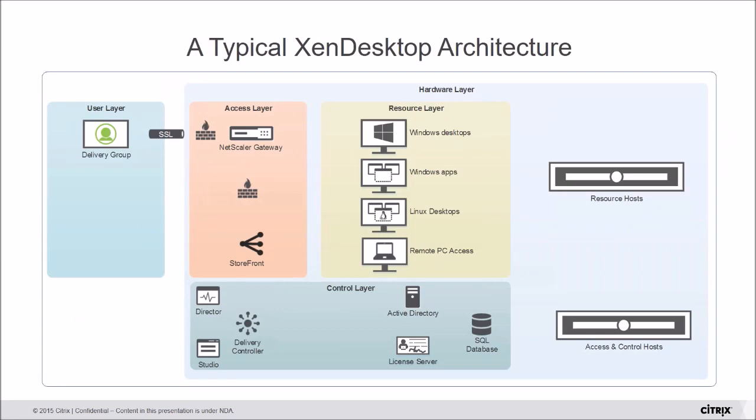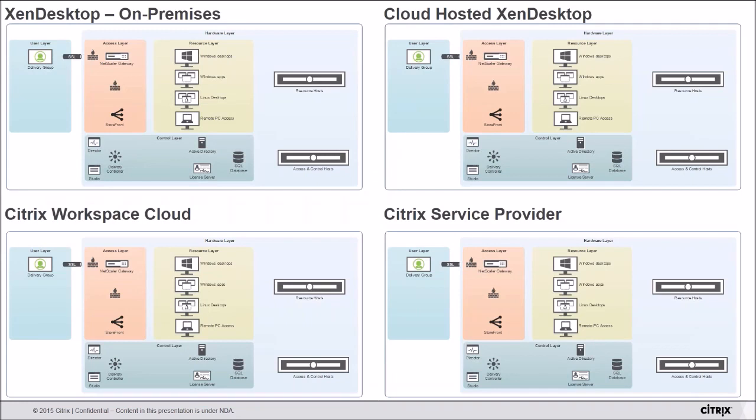Here you'll see a typical XenApp or XenDesktop architecture broken down into the user layer and the hardware layer, with the different methods of delivering application and desktop workloads. We'll just quickly step through the breakdown on the hardware layer of how this is delivered. If we break this into the 4 different scenarios, traditional on-premise, top left, where all these components are being delivered out of the customer's data center.